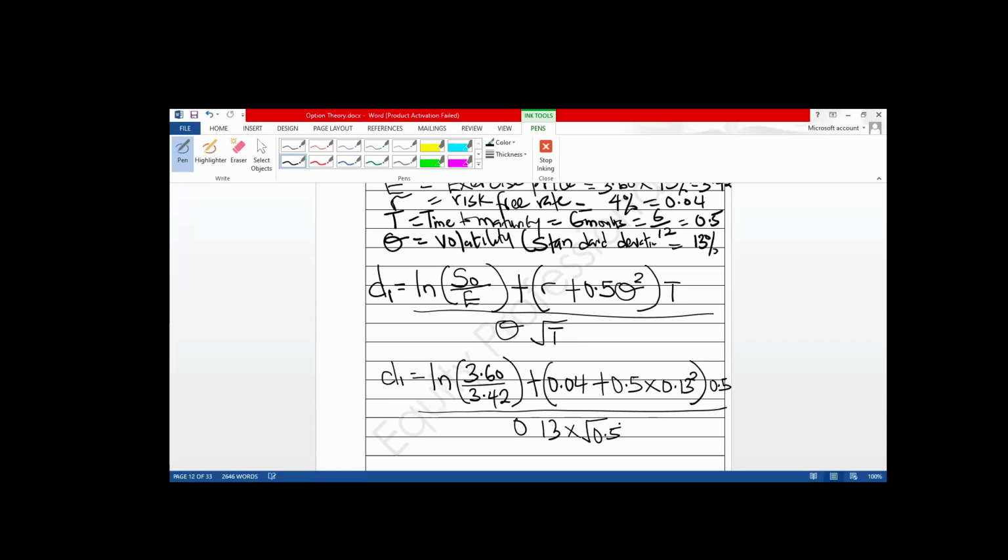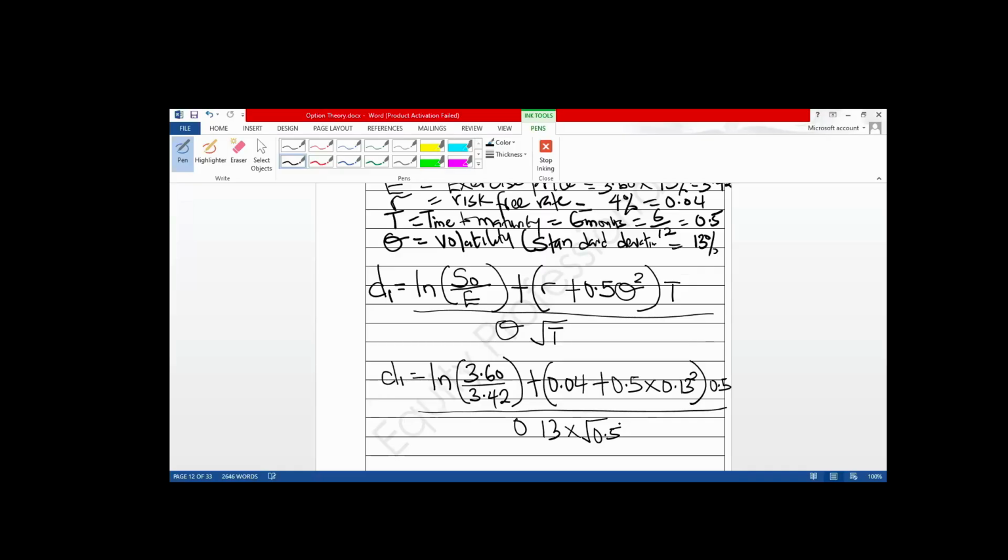For some, you need to put the bracket yourself. Now 3.6 divided by 3.42. Close your bracket. Plus, open another bracket: 0.04 plus 0.5 multiplied by 0.13 raised to power 2.